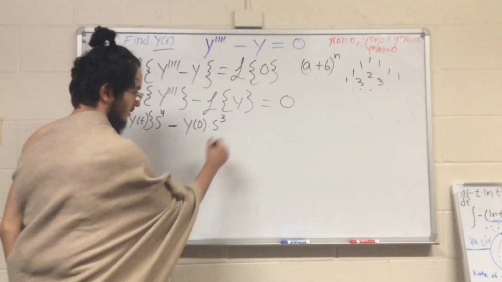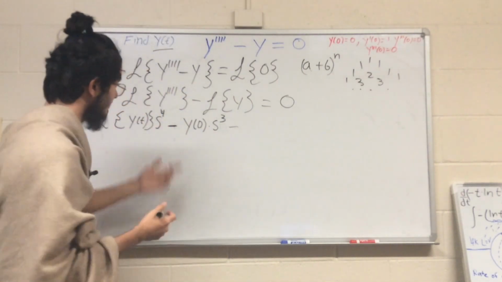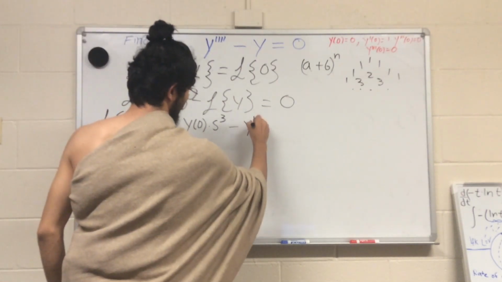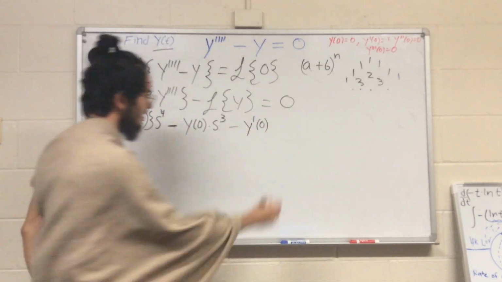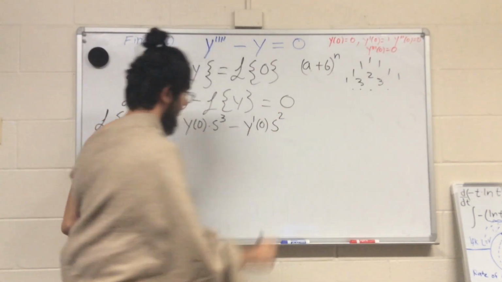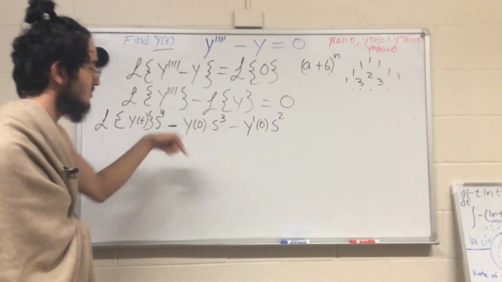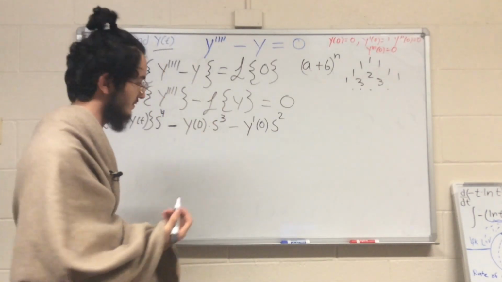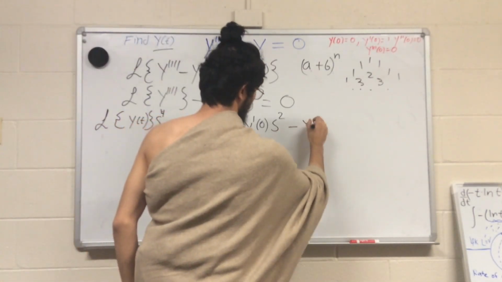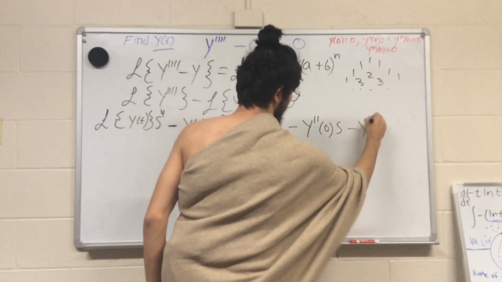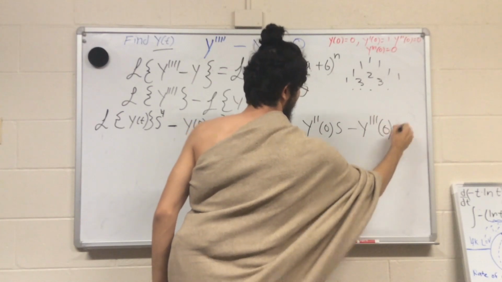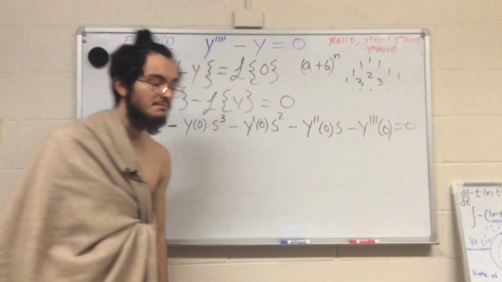With this pattern, we know that the next one has to be the first derivative of y with respect to t, evaluated at 0, times s squared, because we're decreasing the powers of s and increasing the order of the derivative of y. So then minus y double prime of 0 times s minus y triple prime of 0. All of that is equal to 0.